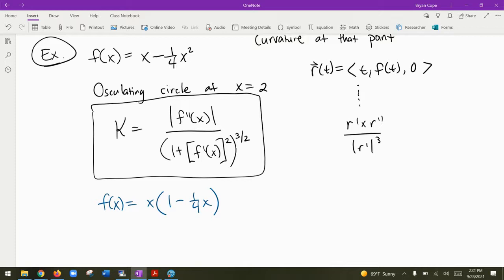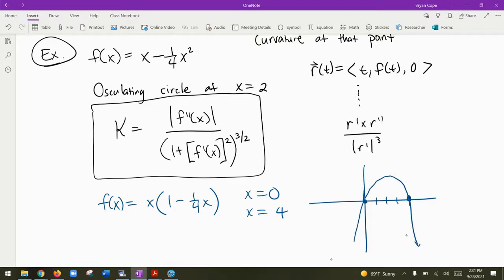So we've got zeros at x equals 0 and at x equals 4, which means our maximum occurs at 2. So it looks something like this. Let's substitute 2 into the function to see how high that maximum is. 2 times (1 minus a half) is 1. So this point right here is at (2, 1).